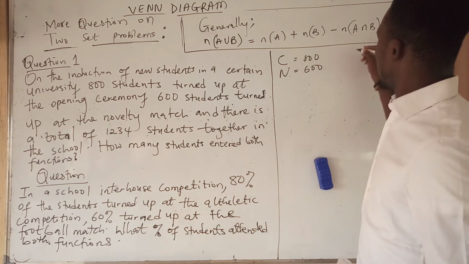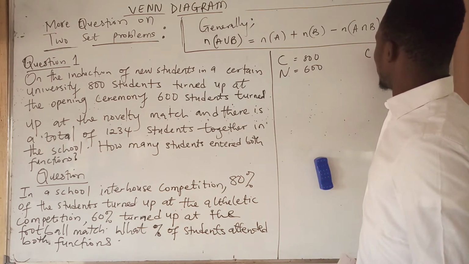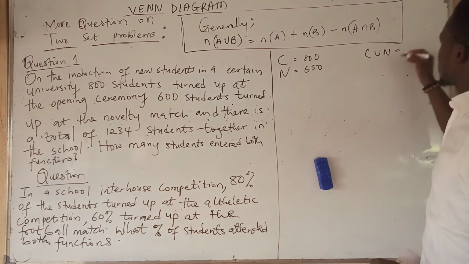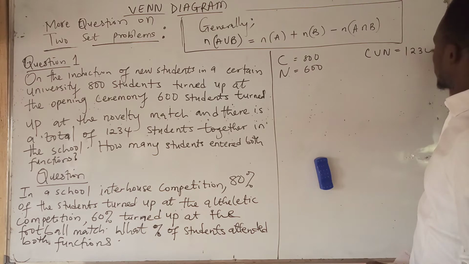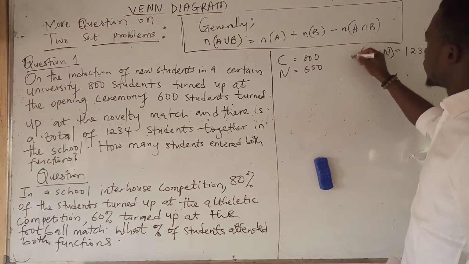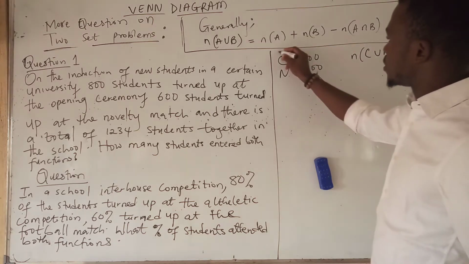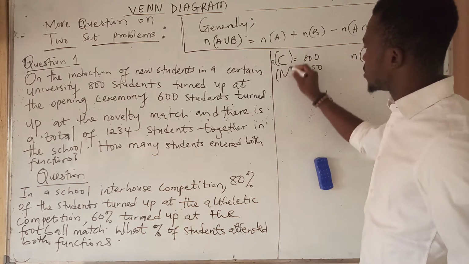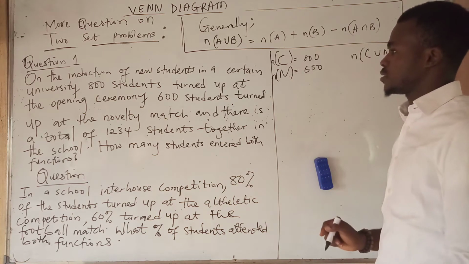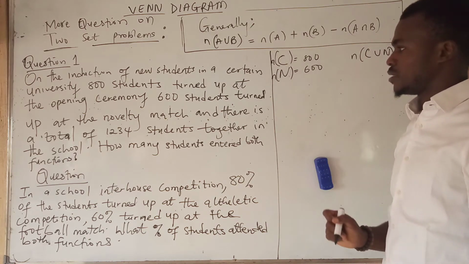So that means our C union N will equal 1,234 students. This is the number of C, and this is the number of N, the people that turned up for the novelty march.